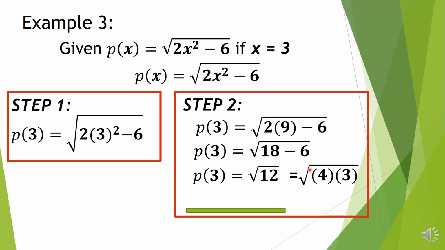So, we have the square root of 4 times 3. Then, simplify. Since the square root of 4 is 2, we can take it out of the radical sign. Then, the square root of 3 is already in its simplest form. So we have 2 square root of 3. So the final answer is p of 3 is equal to 2 square root of 3.